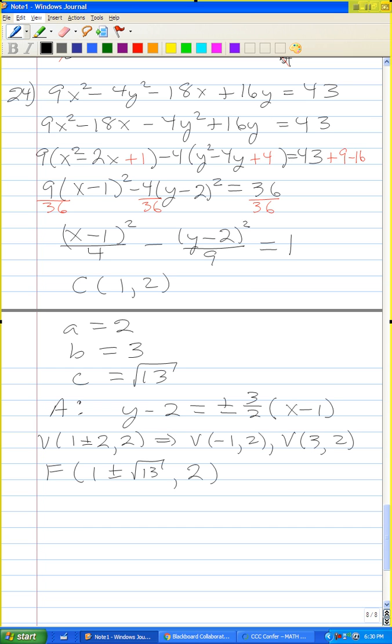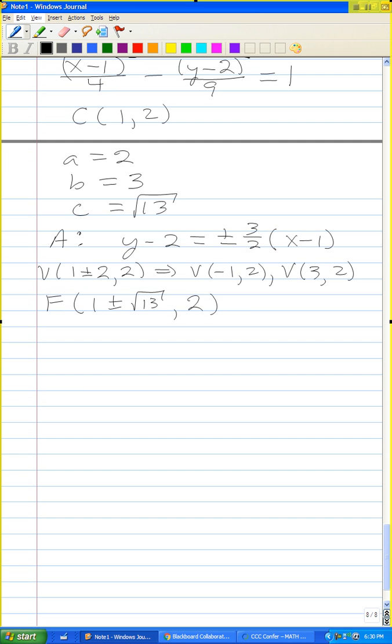And so, did they ask for the length? Oh, they didn't ask for the length of the real axis, so I won't do that. And so let's draw this.